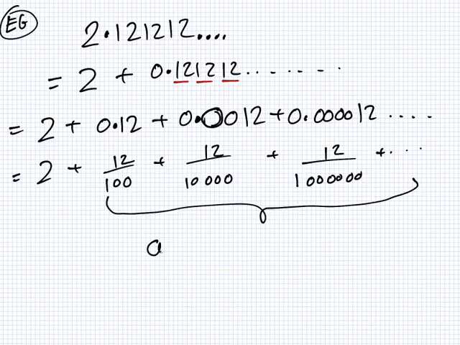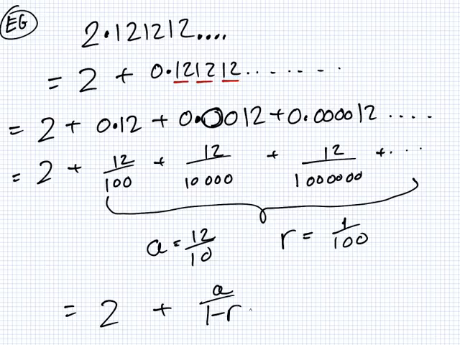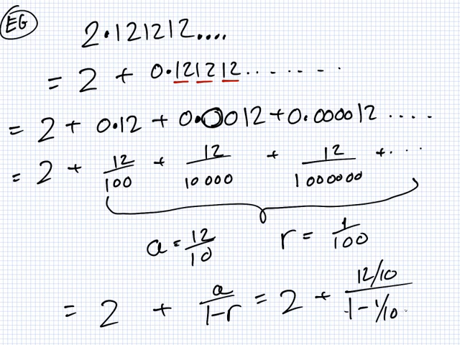The first term is 12 over 100, and what are we multiplying by each time? Not 10, not 100, 1 over 100. So, using our new formula, this is a over 1 minus r. That's 2 plus 12 over 10 over 1 minus 1 over 100.